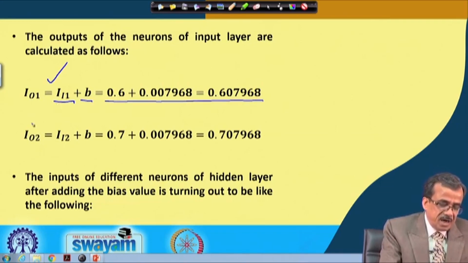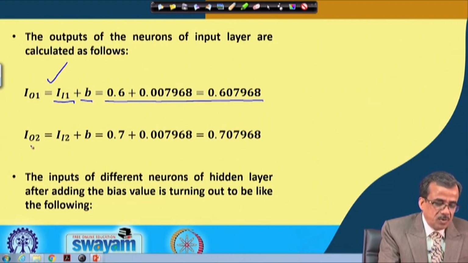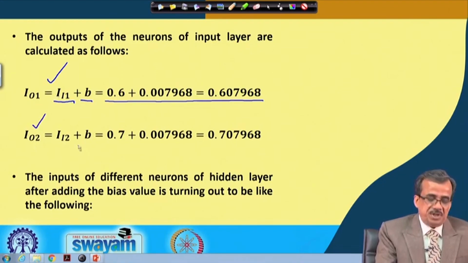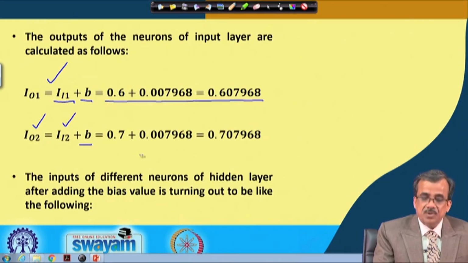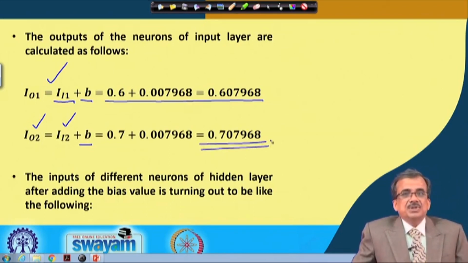Similarly, I will be getting I02, that is the output of the second neuron lying on the input layer, which is the input of the second neuron lying on the input layer plus the bias value, and if you substitute the numerical values, you will be getting this as I02.